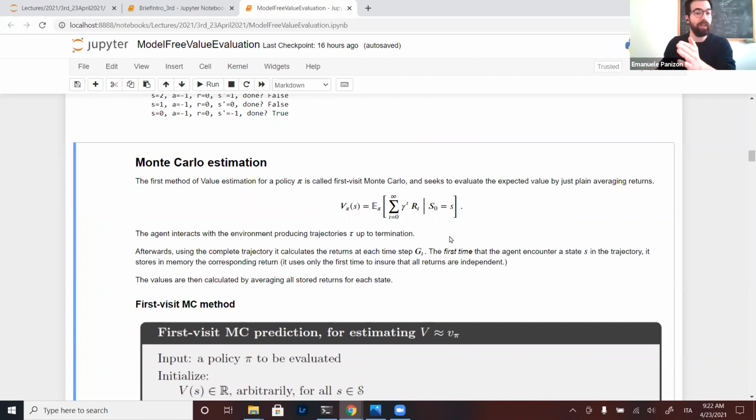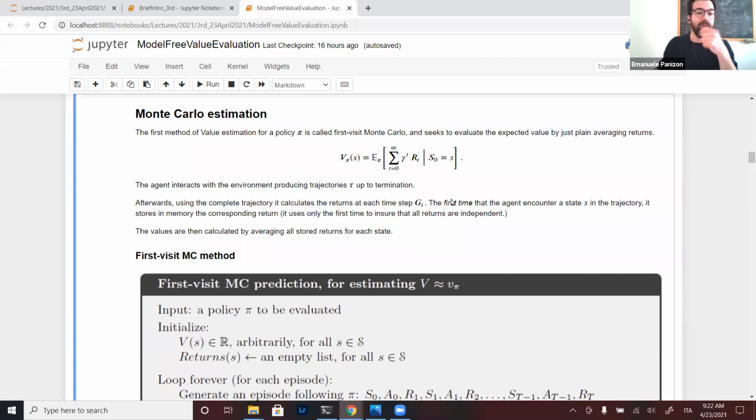And then I link the return of that time with the state at that time. Okay, so for each state I have all the returns which have started in that state. This is going to be called the first visit Monte Carlo method, because I want all the terms in this average to be completely independent.